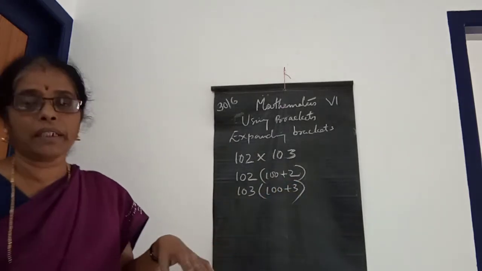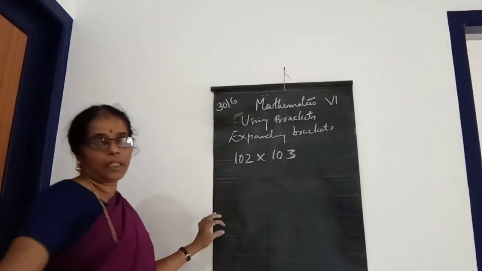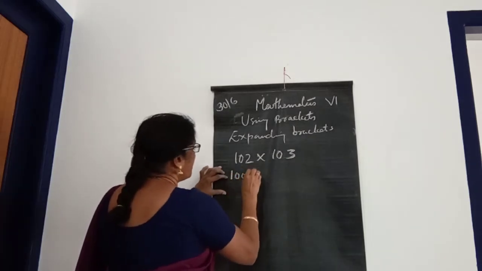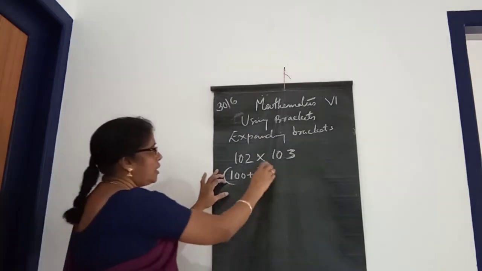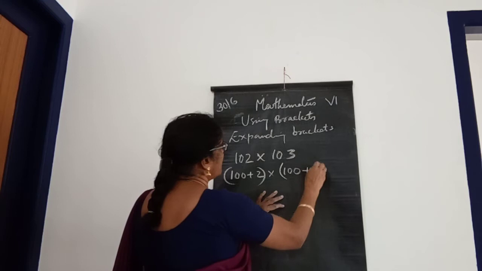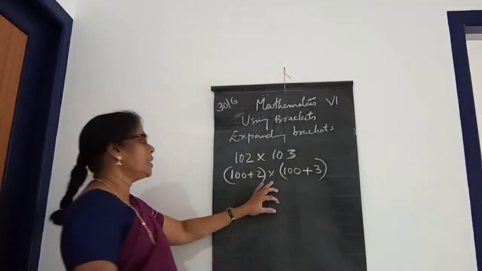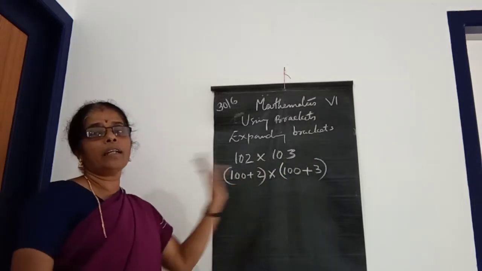Likewise, we can split it, and we have to multiply them: (100 plus 2) into (100 plus 3), with the multiplication sign in between.